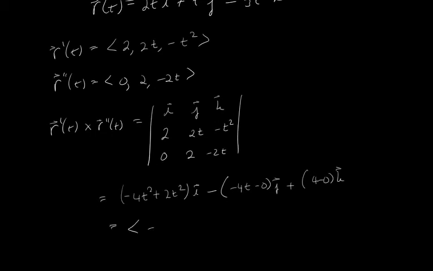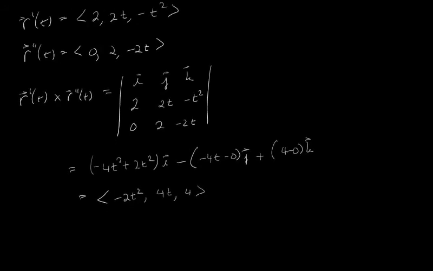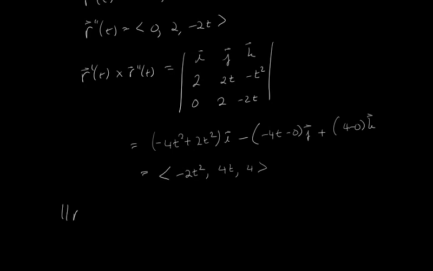So this comes out to be negative 4t squared plus 2t squared. Really? I think we can do better than that. Let's see. So negative 4t squared plus 2t squared is negative 2t squared in the i direction, positive 4t in the j direction, and positive 4 in the k direction. So the magnitude of r prime of t crossed with r double prime of t is equal to the square root of 4t to the 4th plus 16t squared plus 16.